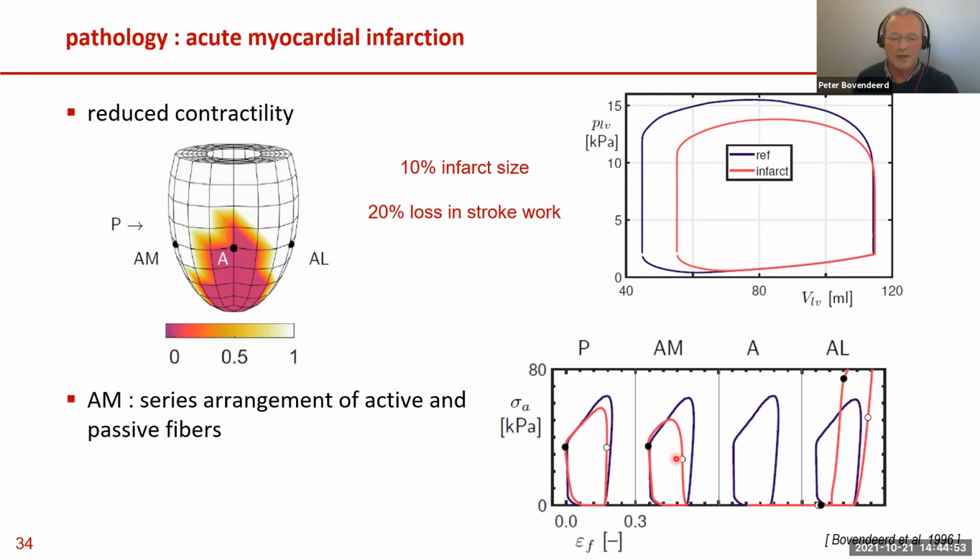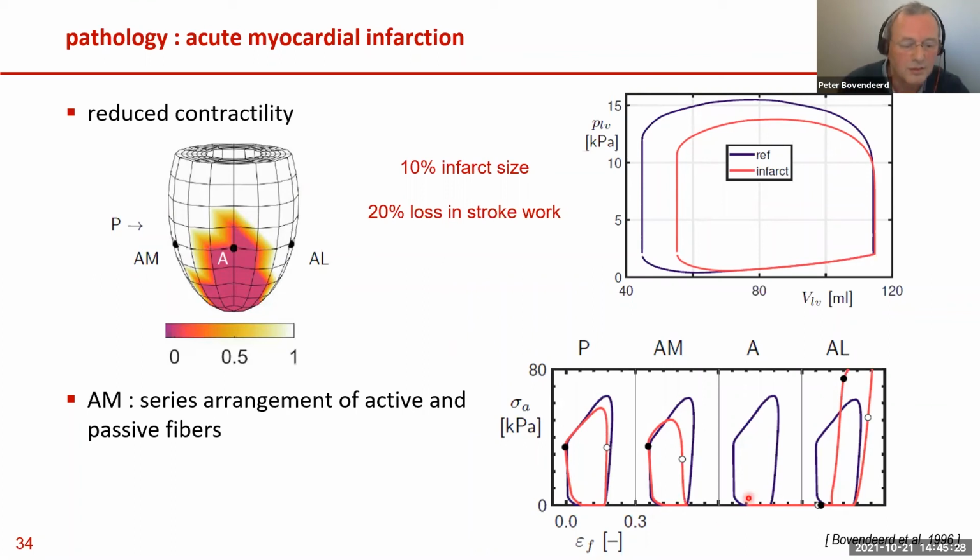And this can again be explained from the fact that these fibers located over here, they pull upon the passive fibers in the infarct region, so they can stretch, they can shorten more easily, and since they are shorter, they can also develop less active stress. That's in contrast to the situation over here in the lateral region. Here the fibers are in parallel to those in the infarcted region, so they are stretched along with these passive fibers, because the infarct region bulges out, it's stretched.